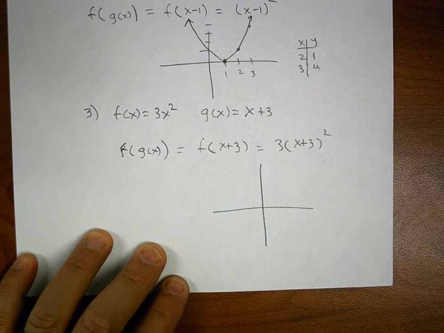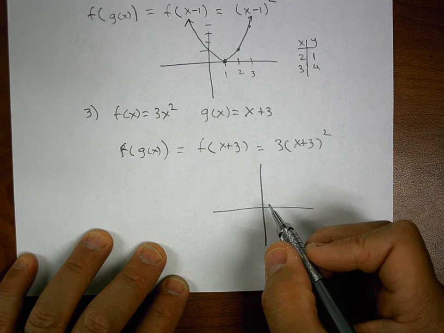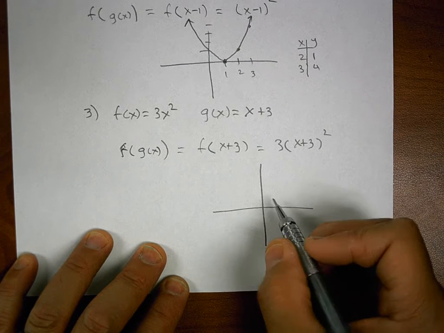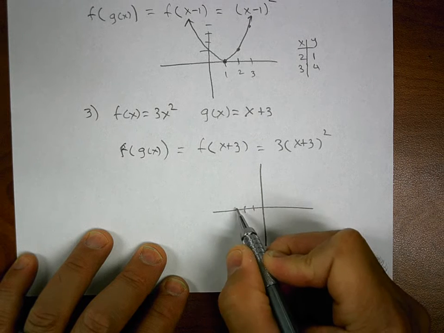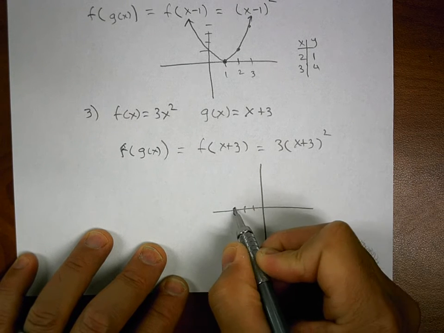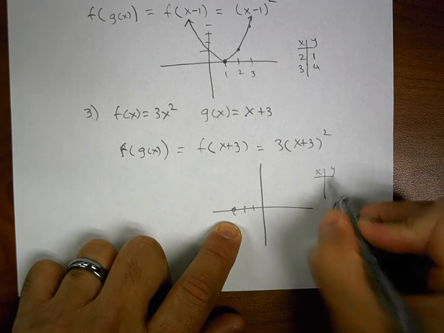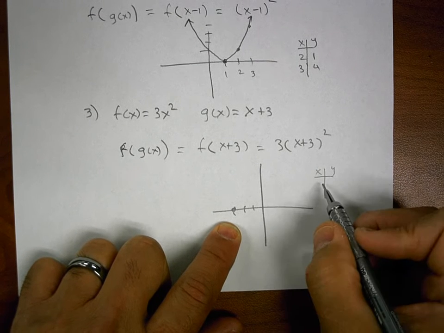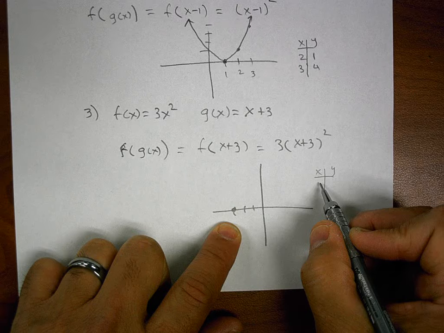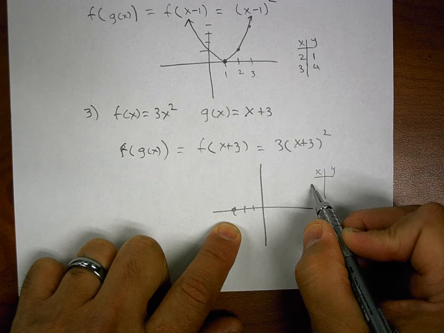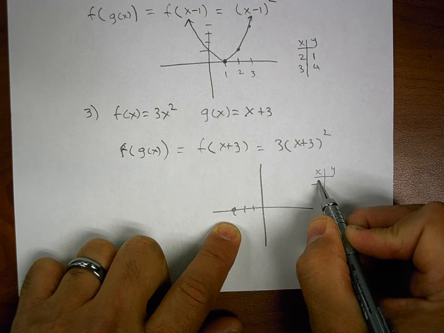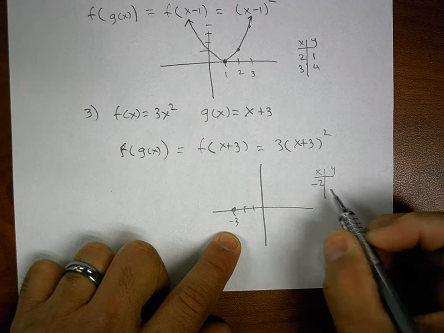This shifts how many to the left? 3 to the left. 1, 2, 3. Nothing up and down, so there it is. Let's pick a point. We're at negative 3, so let's pick negative 2.